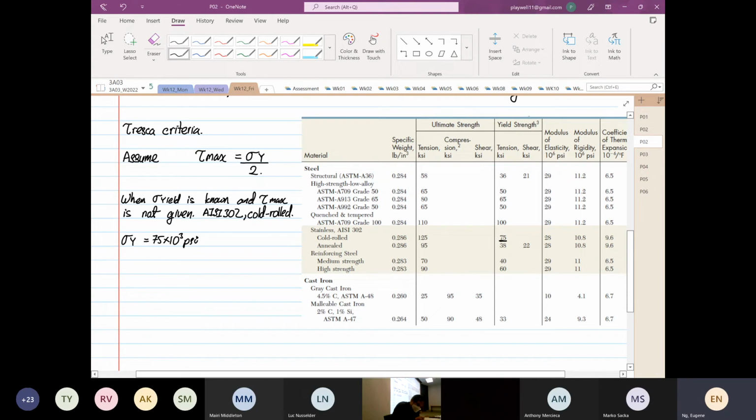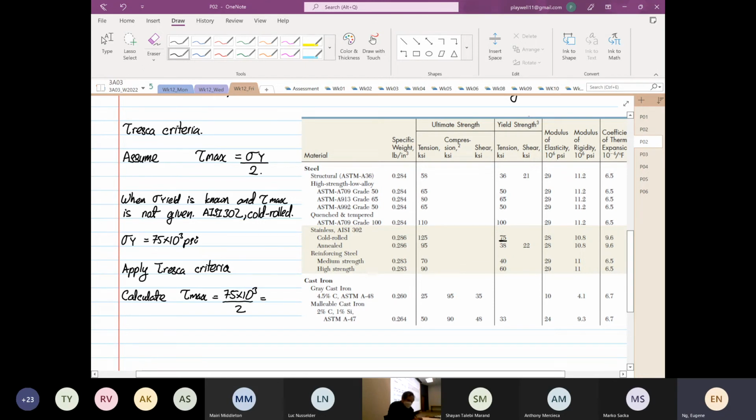So from here, when you apply the Tresca criteria, you can calculate that the maximum stress is equal to 75 times 10 to the power 3 divided by 2.